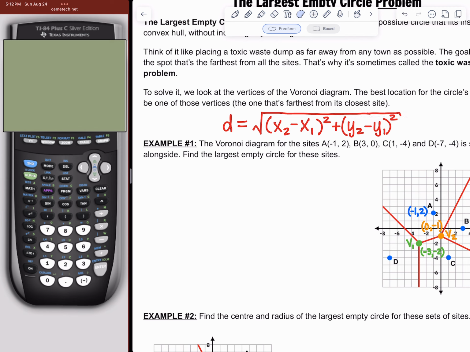So what we're going to do here is look at vertex 1 and point A. So the distance between vertex 1 and point A, I'm going to make my vertex 1 the x1, y1, and point A is going to be the x2, y2.